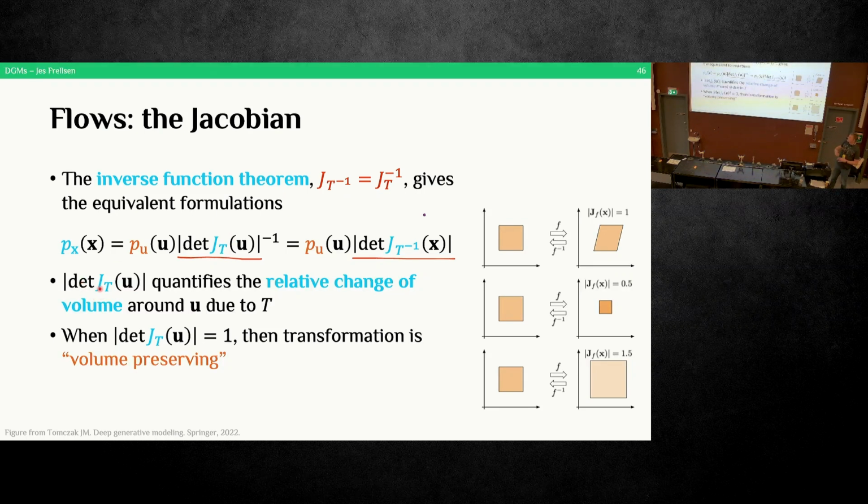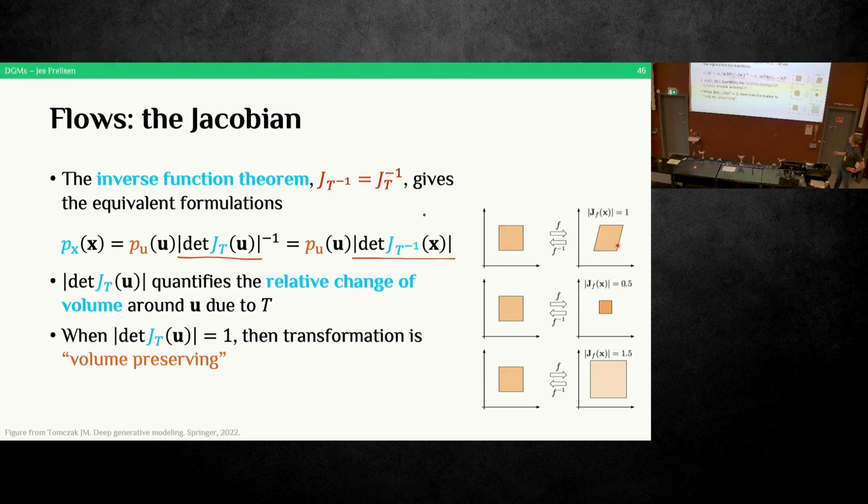You can think about that as quantifying the relative change of volume around u due to this transformation. If it's equal to 1, then we say that the transformation is volume preserving. If I look at this square and see how it's transformed with a volume preserving transformation, this could be an example where we basically just shift the space.